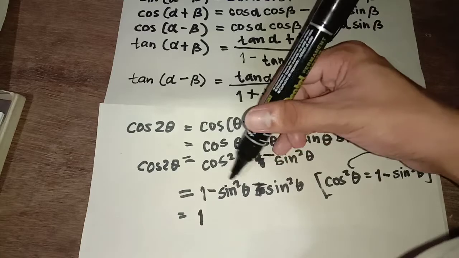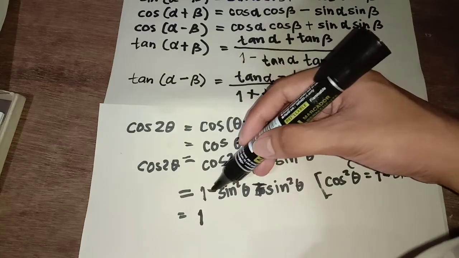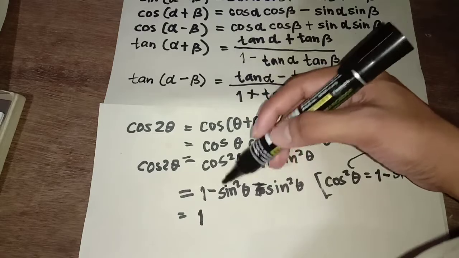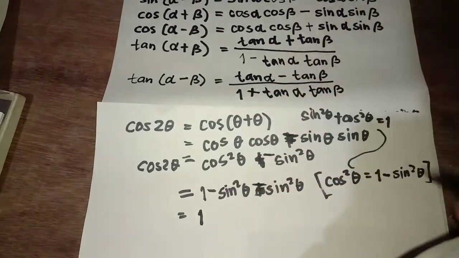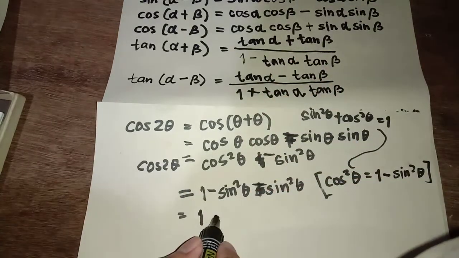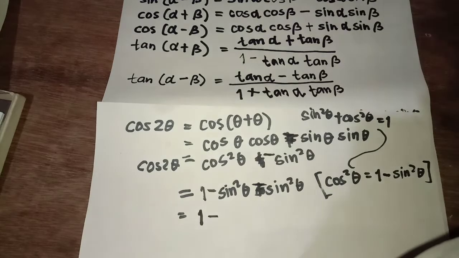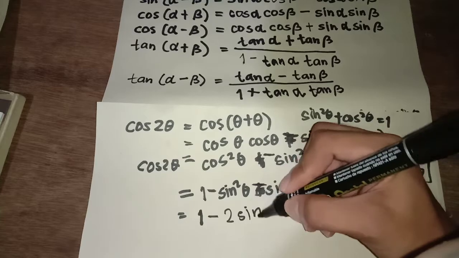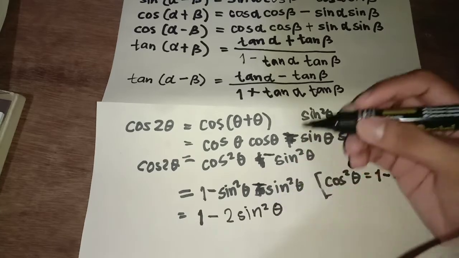On the operations of real numbers, we know that if the sign is the same, it will add up, and the sign is also the same, so that is negative 2 sine squared theta.